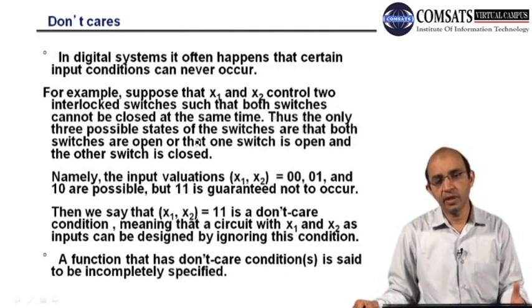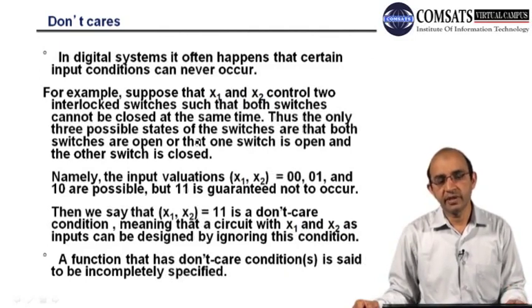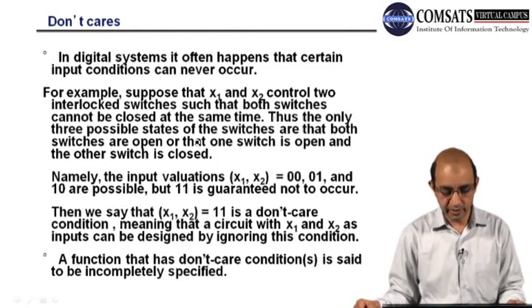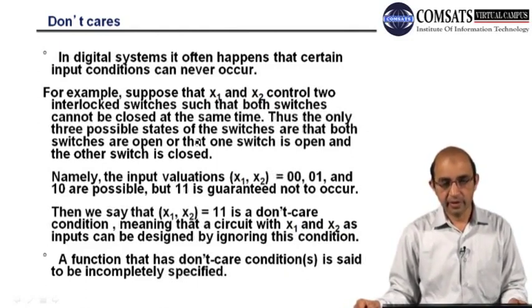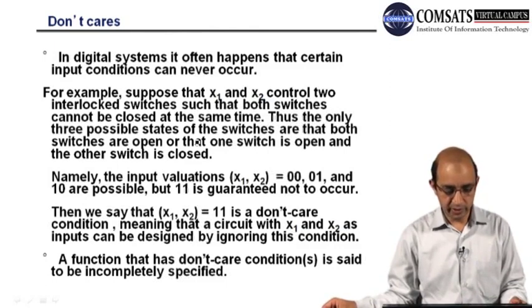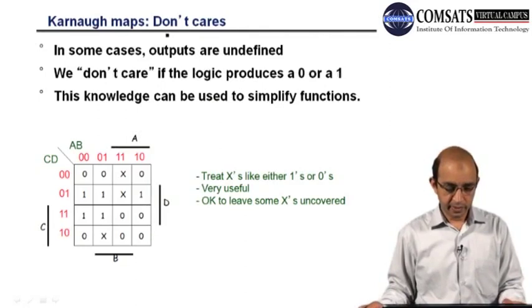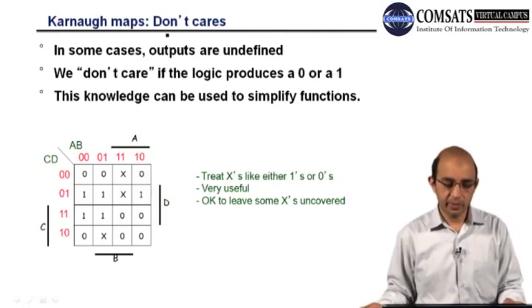We normally place an X, or sometimes you will see D written, whenever we have a don't care condition. So this is the scenario where you can think about what a don't care condition is all about. So let's move to the K-map with don't care conditions.